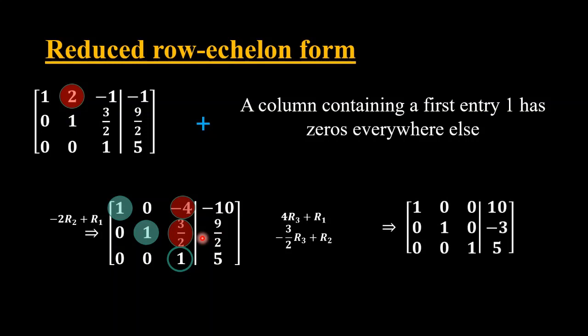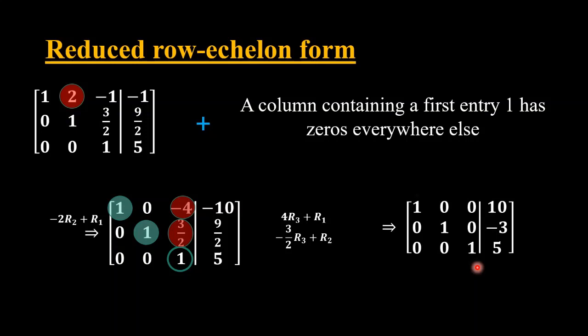Then we get the matrix 1 0 0 10, 0 1 0 minus 3, 0 0 1 5. So this is the reduced row echelon form of our augmented matrix.